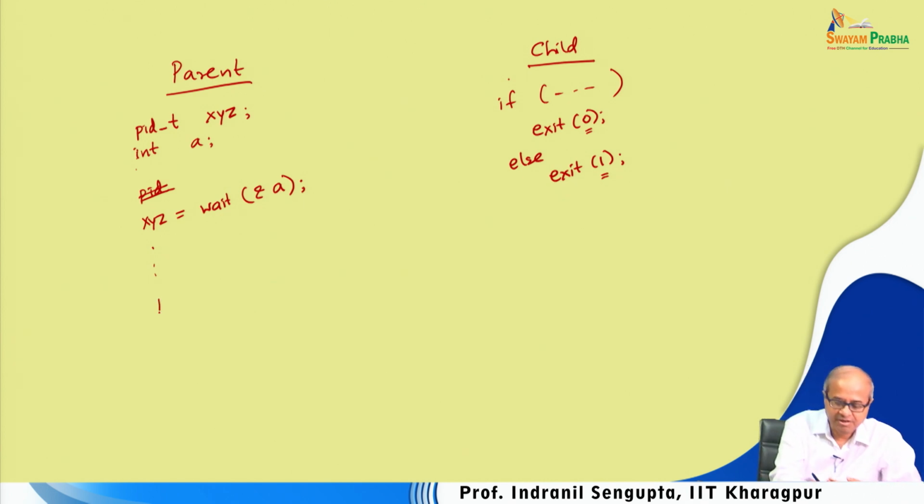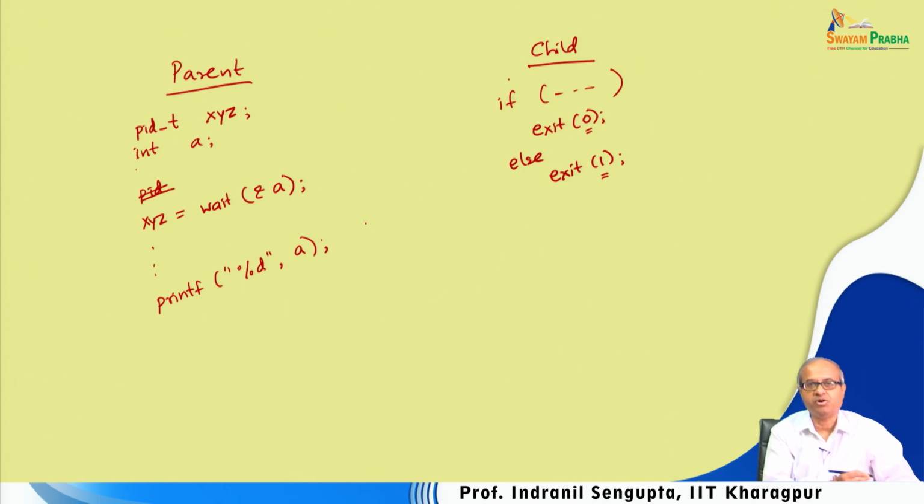So, later on if I want to print the value of a, let us say printf percentage d, meaning integer a, then the value of a will be printed, either 0 or 1. So, the parent will know whether the child has terminated with the exit 0 condition or the exit 1 condition. Let us say exit 1 may be some error condition, exit 0 may be a normal exit.